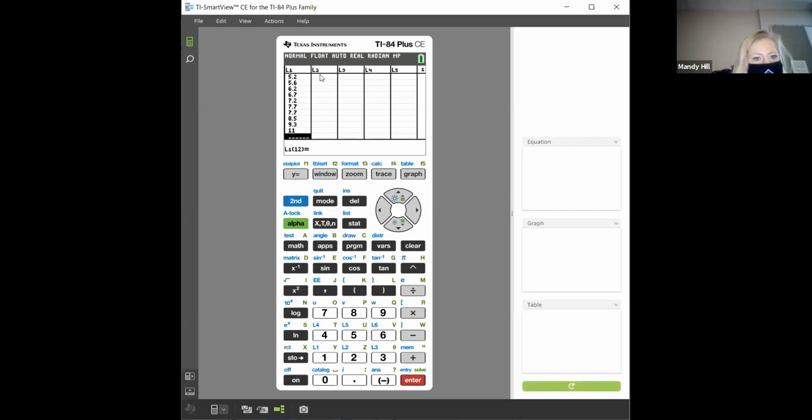Now I'm going to use my arrow to go over, and I'm going to type in the list for Best Bank next. Okay. So I went to stat, and I'm editing those 2 lists.